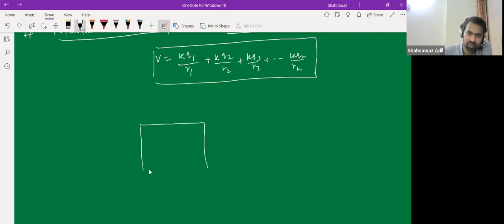We have a square, and these kinds of charges are kept: 2e, minus e, and minus 2e. We wanted to calculate the charge.